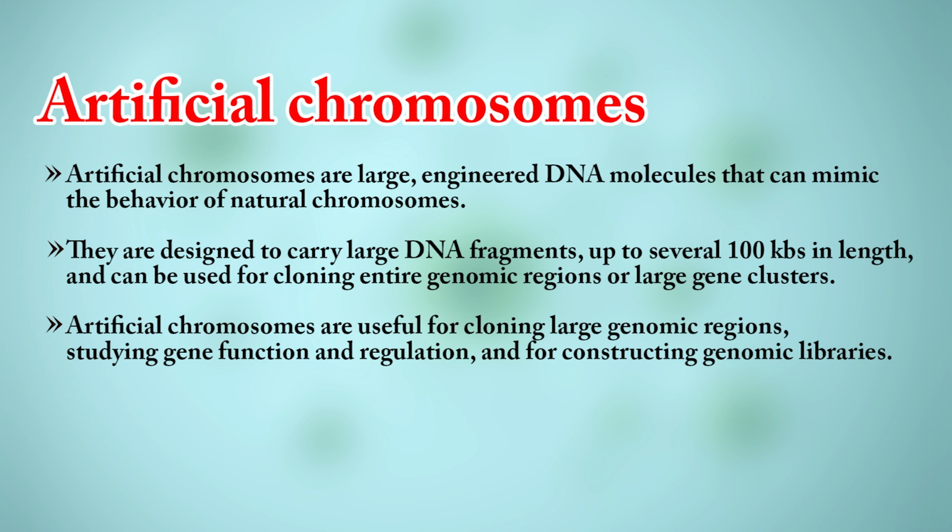Normally we construct various types of cloning vectors and expression vectors, and in the same series we see how engineered chromosomes can be designed in the lab, which can be called artificial chromosomes because they mimic the behavior of the natural chromosome.